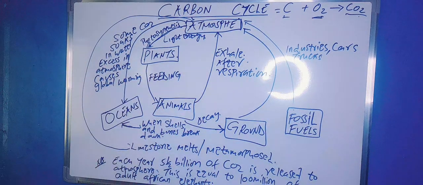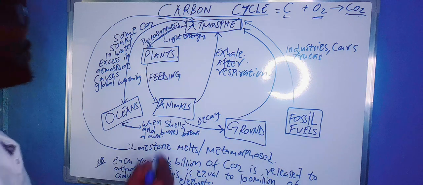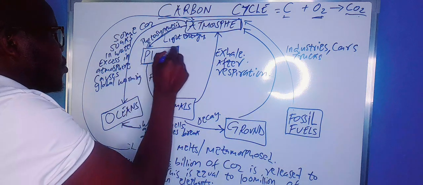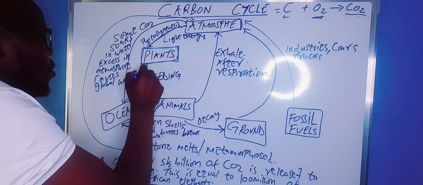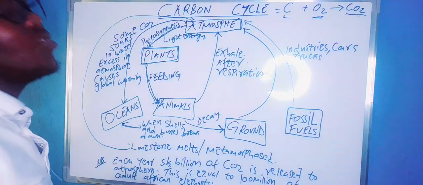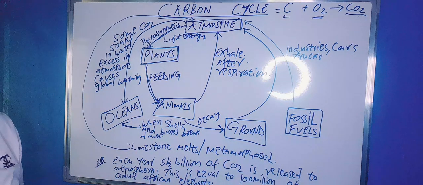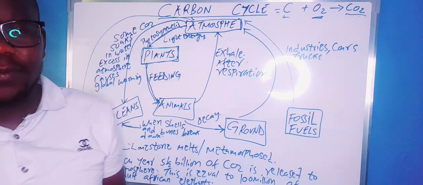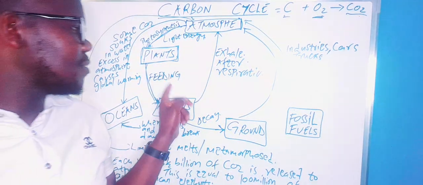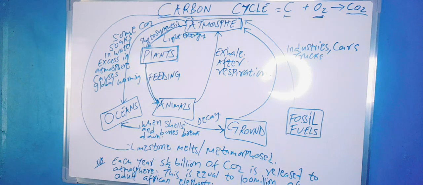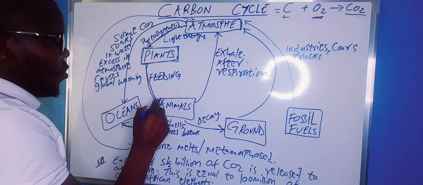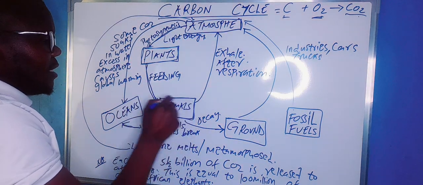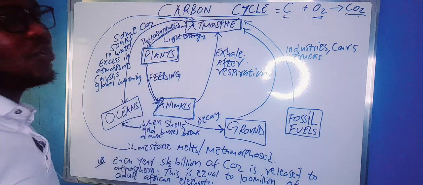Plants will photosynthesize using this carbon in the atmosphere. From that point, the carbon which is in the plant will be taken by the animals through the feeding process. Animals will feed on those plants, and on these plants, they will be taking with it what? The carbon dioxide. And this carbon dioxide is now in the animal tissues.